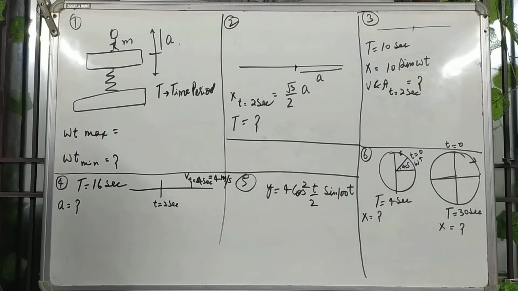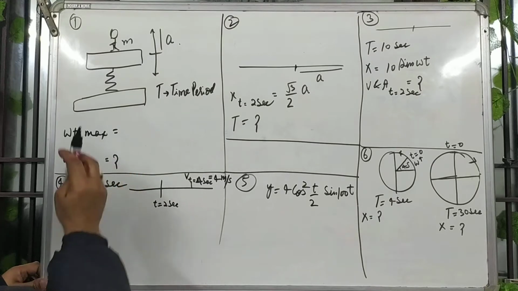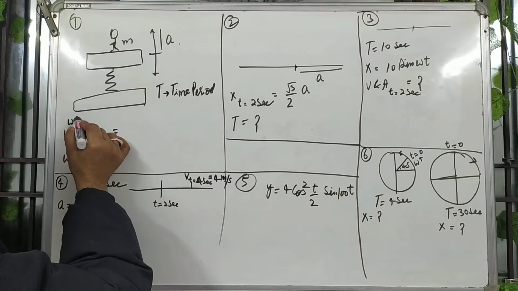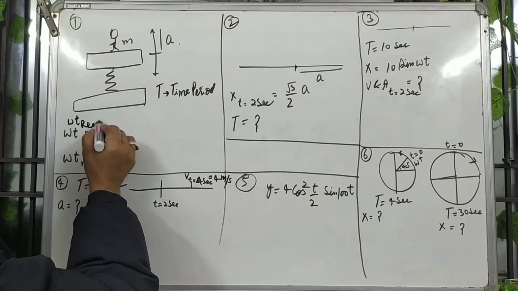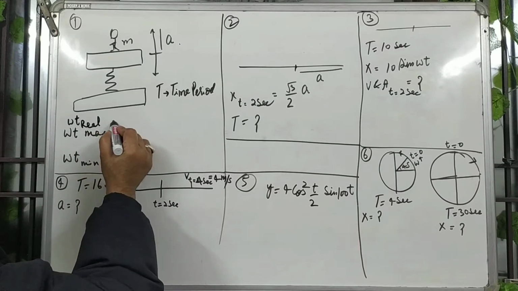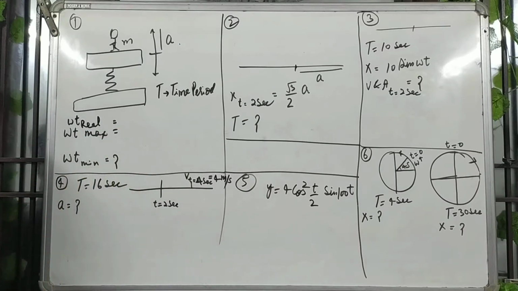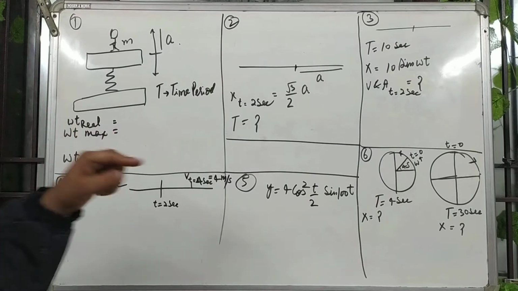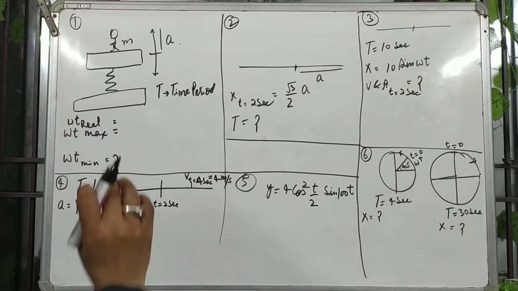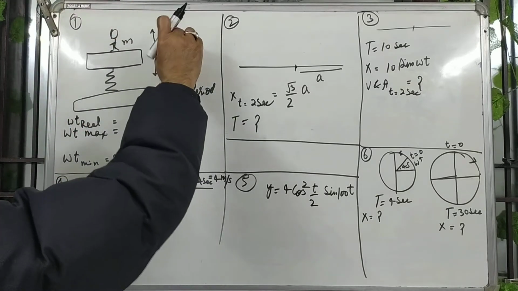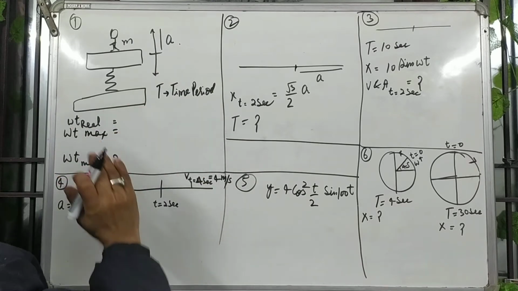What is the maximum weight, minimum weight, and real weight? This is the question. In this, what is given? Amplitude of oscillations is given and time period is given.